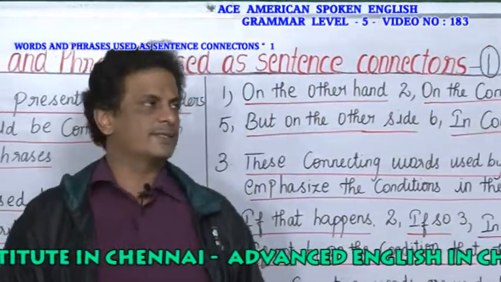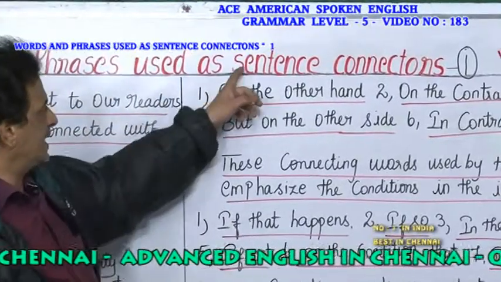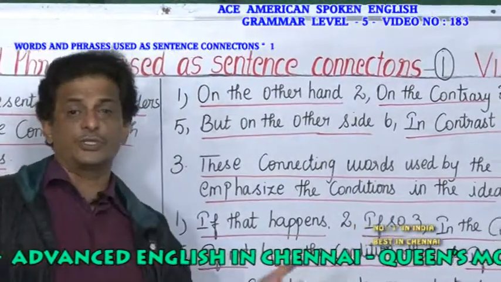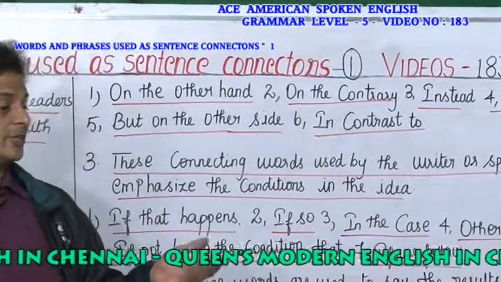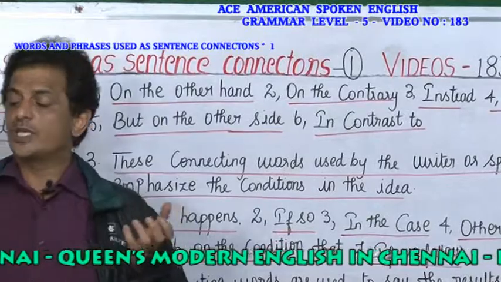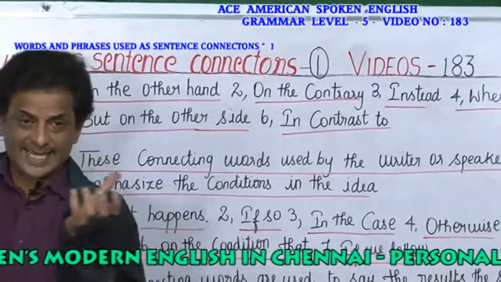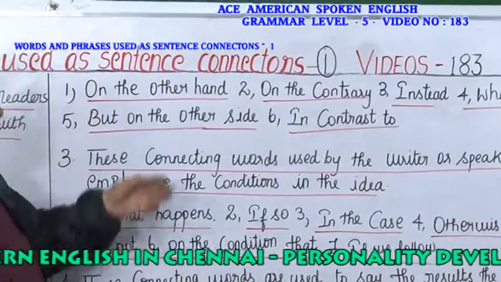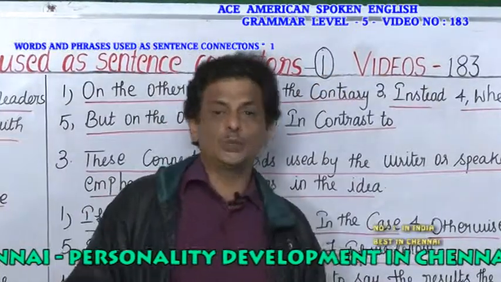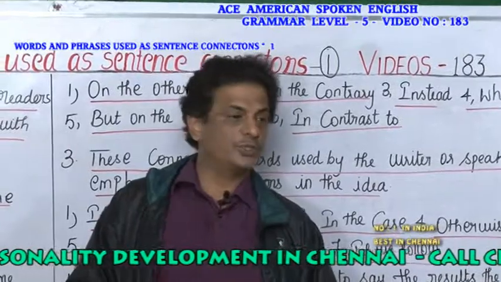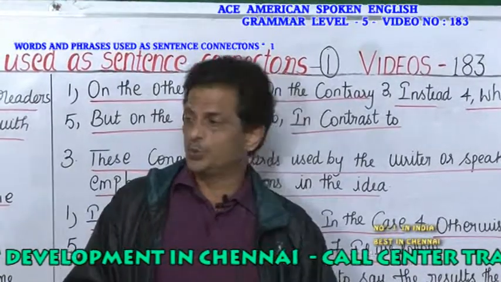It is called a phrase. As sentence connectors, these are used to connect 2 or 3 sentences, 4 or 5 sentences, 10 or 20 sentences. So these words and phrases are used to connect sentences. We have seen 182 videos, and now we have come to the 183rd video, right?